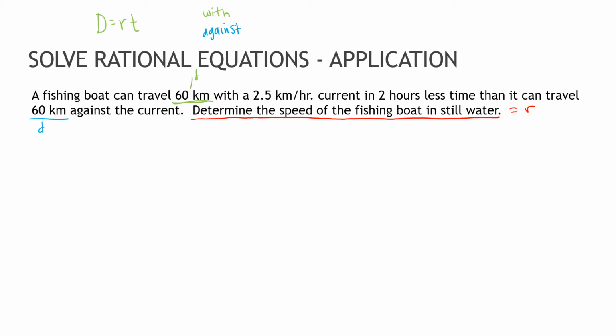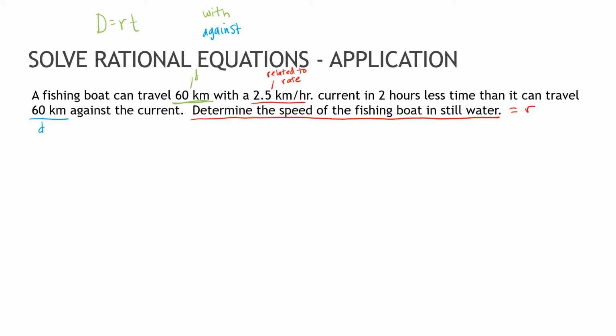Let's just use red again. So this is related to the rate, because it's either adding or subtracting. If I'm going with the current, it's going to be pushing my cute little fishing boat along, and if it's going against the current, it's going to be hindering me and making me go slower.